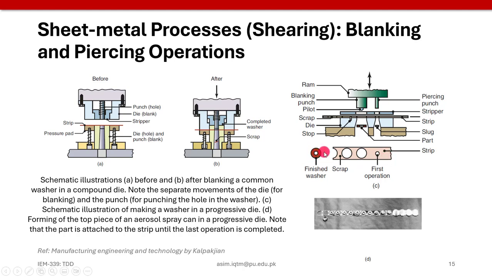So this one is the finished washer. In this process, you may see the die is actually important to produce the final shape. Either we can design two different kinds of dies, the first one for the piercing part and the other one for the blanking part.